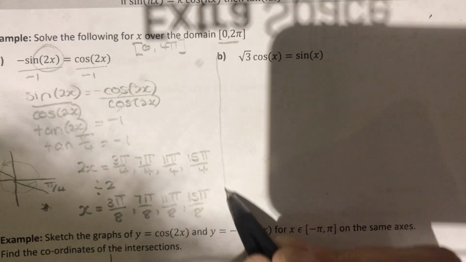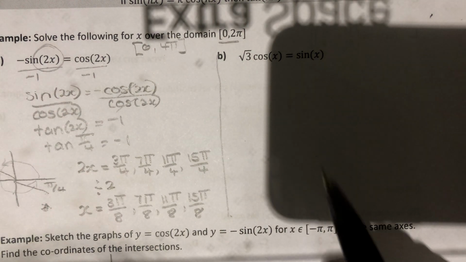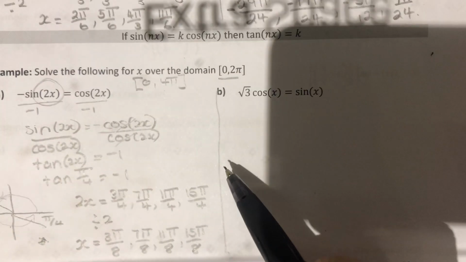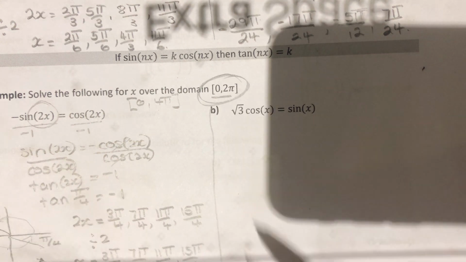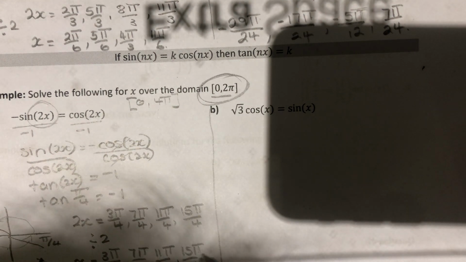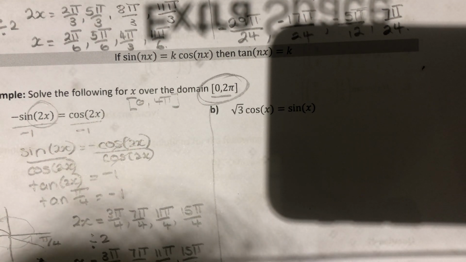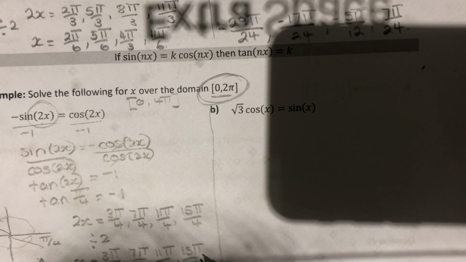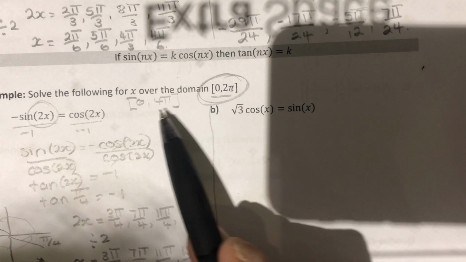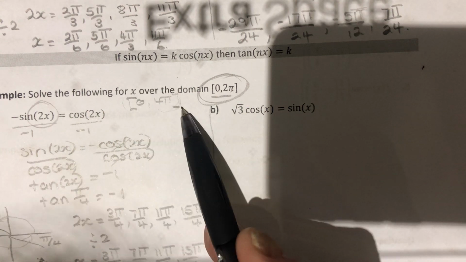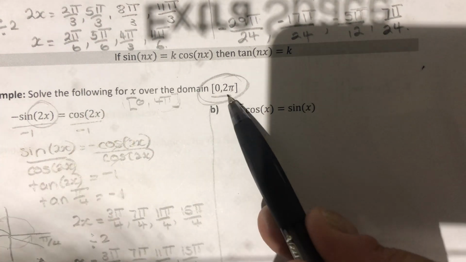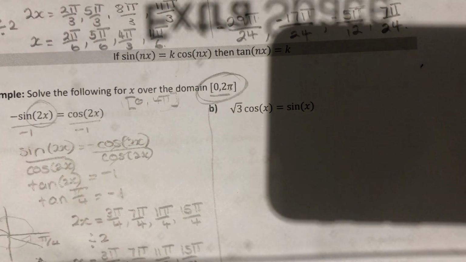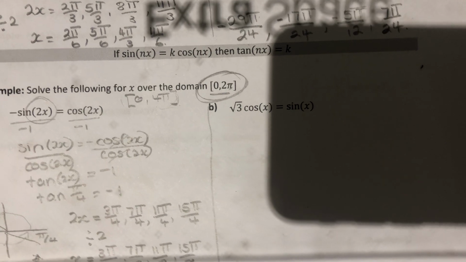There you go. Now, make sure you check that you're covering your basic domain. So 15 pi on 8 is just short of 2 pi, which is perfect. So we use this information, don't forget, to start, so that it all comes out perfectly in the correct domain.